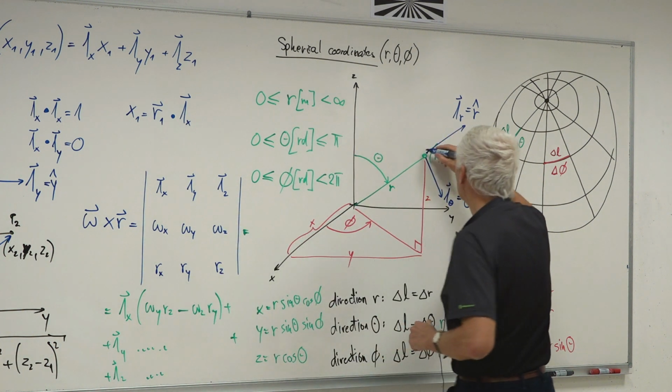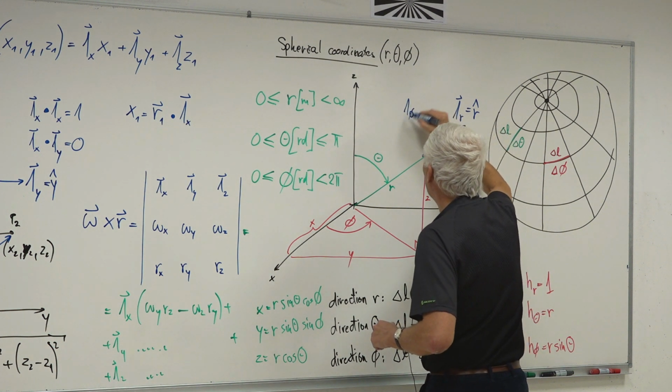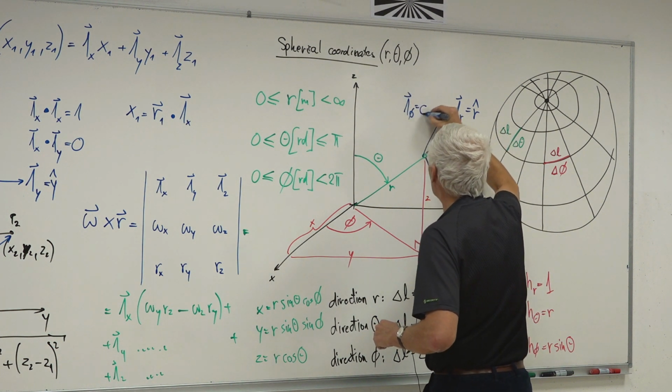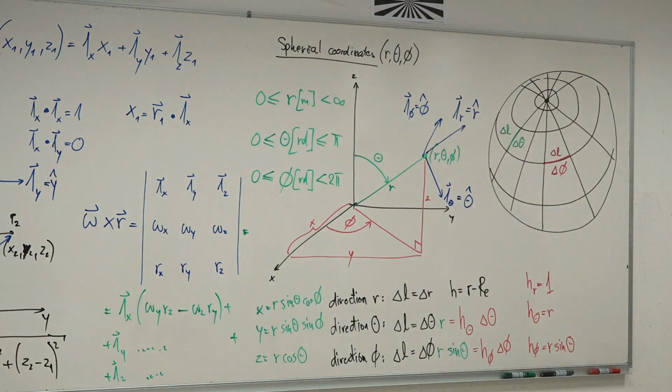And 1 phi, or phi hat, points in the direction of the increasing longitude.